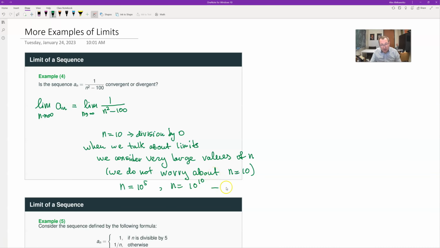We think about very large numbers. That's what limit is, thinking about the tendency far down the sequence. Well, if we think about those very large values, then let's take a look.